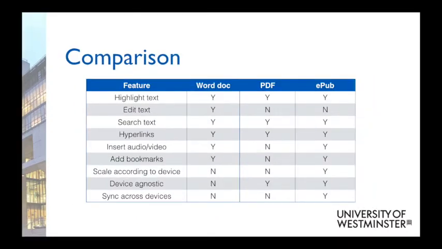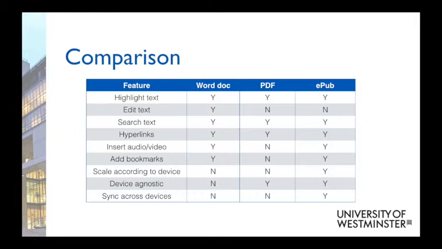For example, if you wanted to highlight text, you can use any of these documents and have the ability to highlight text within the digital document. You can only edit text if it is a Word document. All 3 formats allow you to search for text.